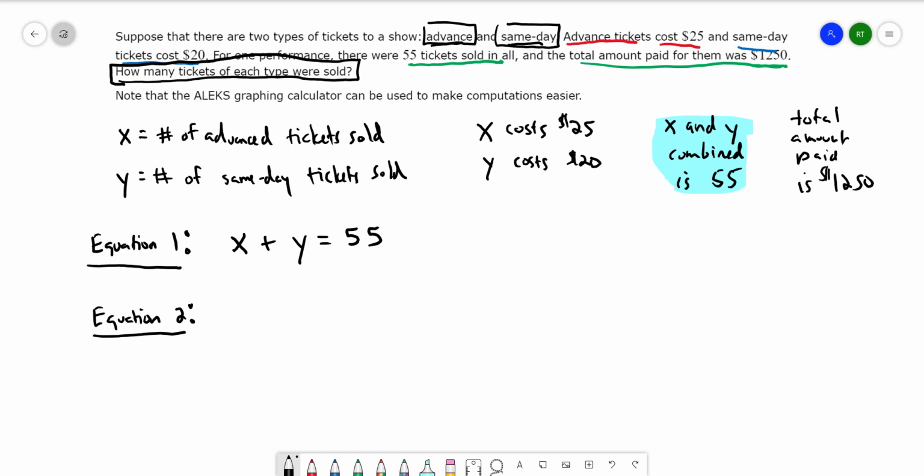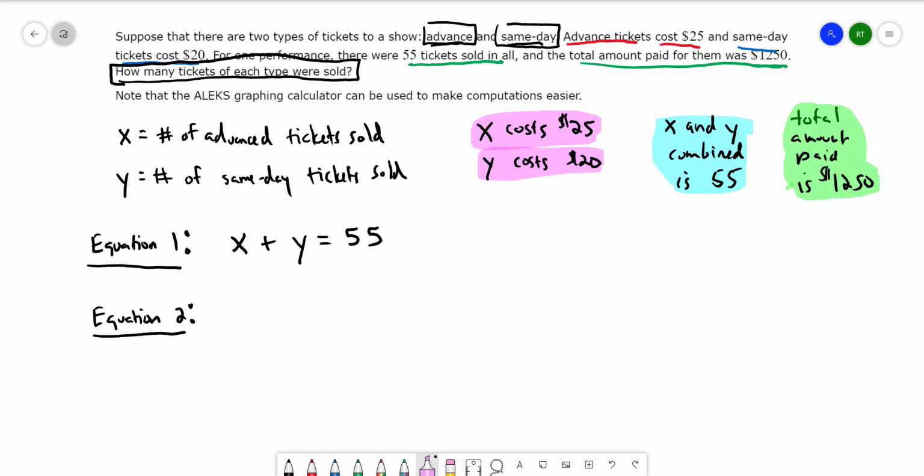Now I need a second equation. I'm going to look at this information now. The total amount paid is $1,250. For this part, you have to figure out how to actually come up with the total amount. We know that the advance tickets, represented by X, cost $25, and same day tickets, represented by Y, cost $20.